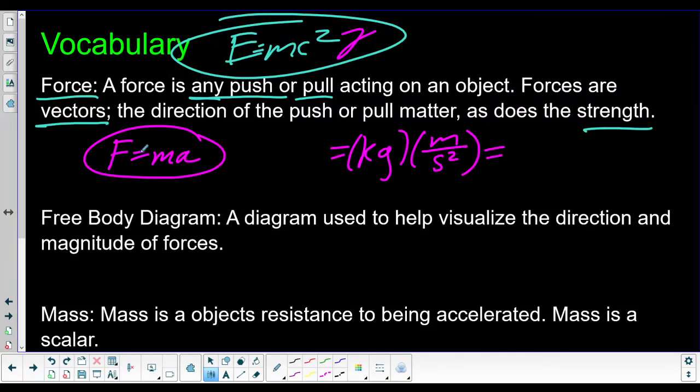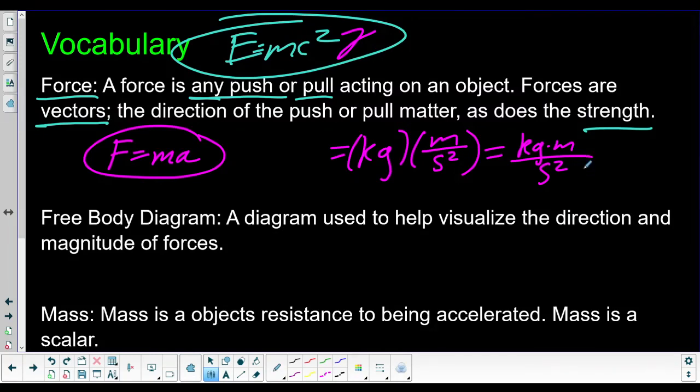So the unit of force is a kilogram meter per second squared. And you're going to say, what the heck does that mean? This is one of the first units that we get where it's just so complicated. And if you sit and try and dissect what this is trying to tell you, you're going to make your brain hurt and then you're going to hate physics. So this is the unit of force.